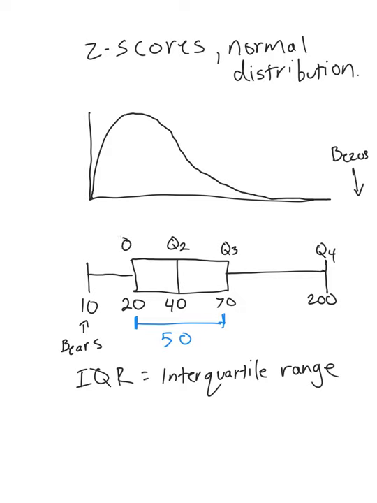This is our very first quartile, and this is our minimum, the smallest number. And let's say our standard deviation is 30, and our mean, we'll just say 50 here.